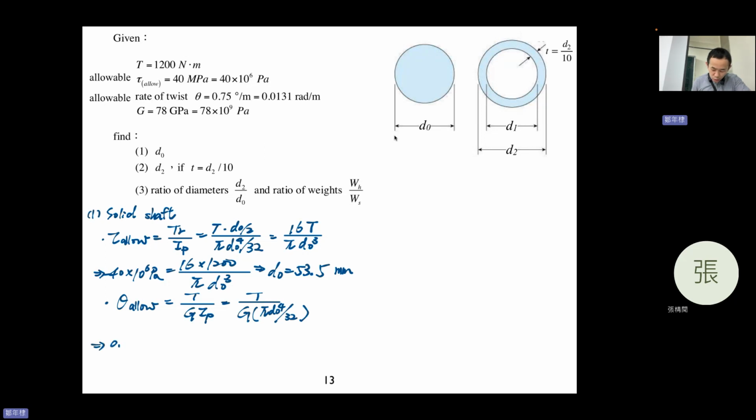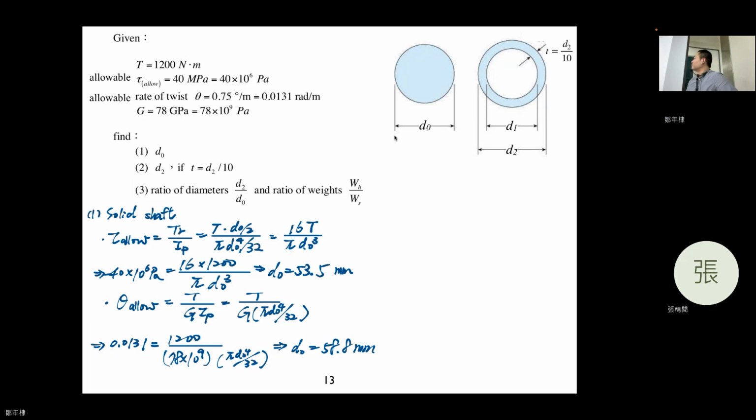So it will be 0.0131 equals 1200 divided by 78 times 10^9 gigapascal, right? And pi D0^4 divided by 32. And your D0 equals 58.8 millimeter.